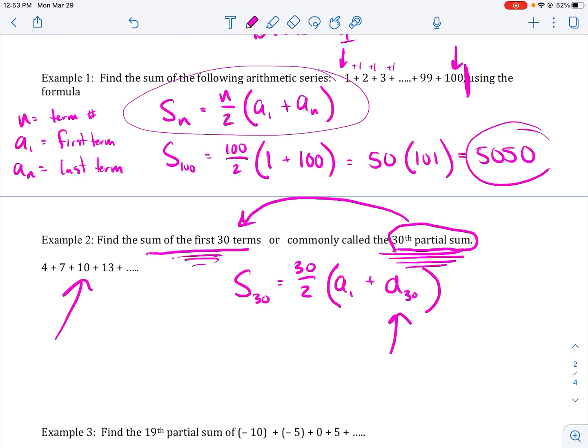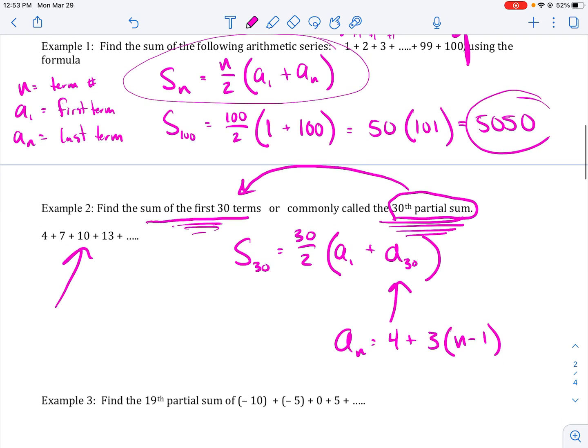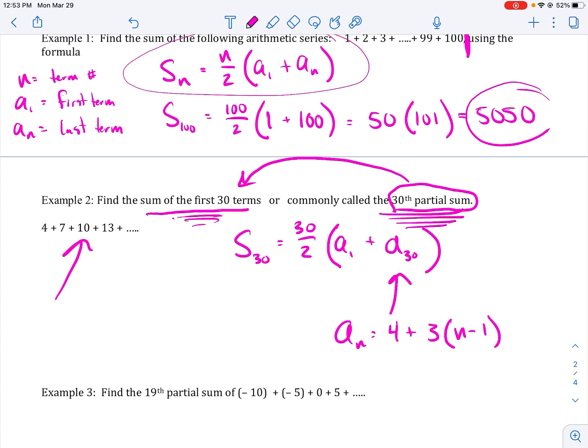So how can we find that? We're going to have to utilize the formula from the reference sheet. There's our first term. We're going up by 3 each time. So to find our 30th term, it's going to be 4 plus 3 times 30 minus 1.